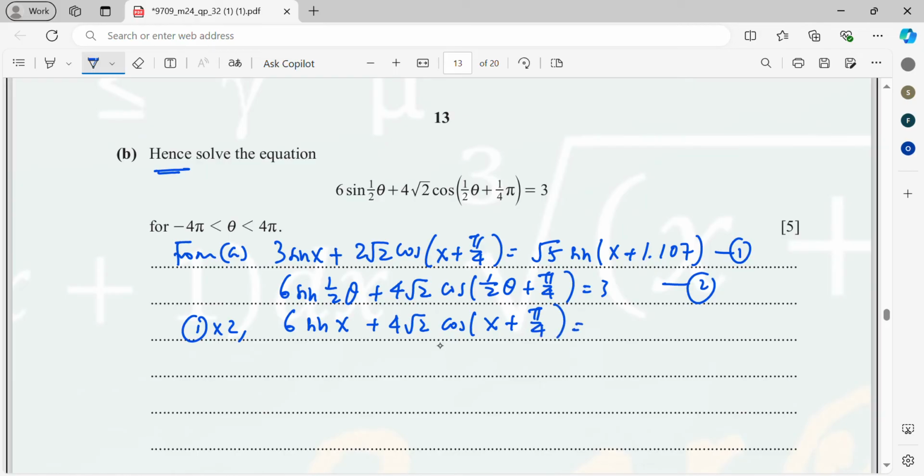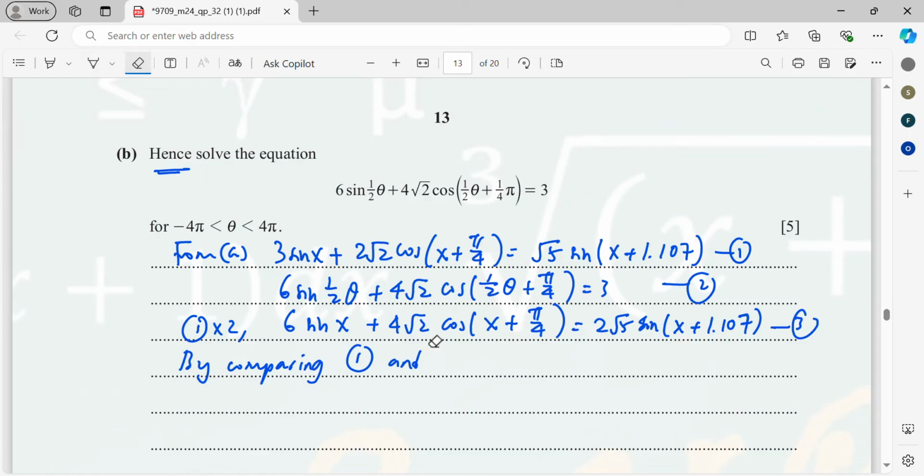So when times 2, it will be 2 square root 5 sine x plus 1.107. So the first equation becomes the third equation. So now by comparing the second and third equation, obviously x equals half theta.